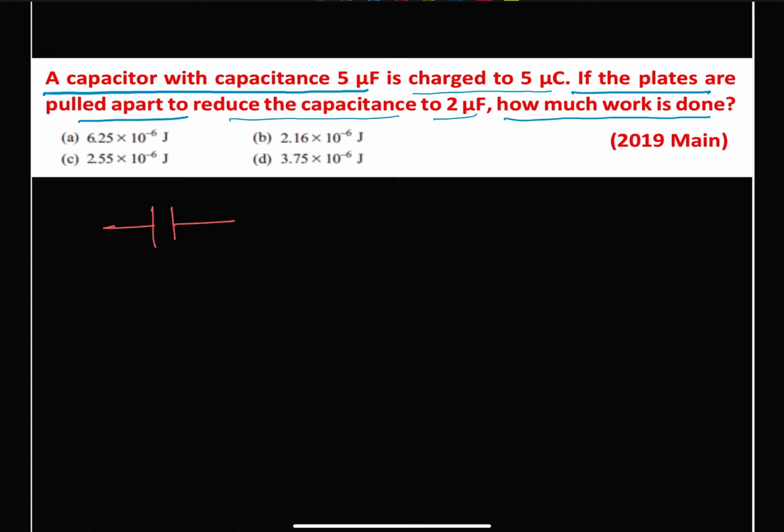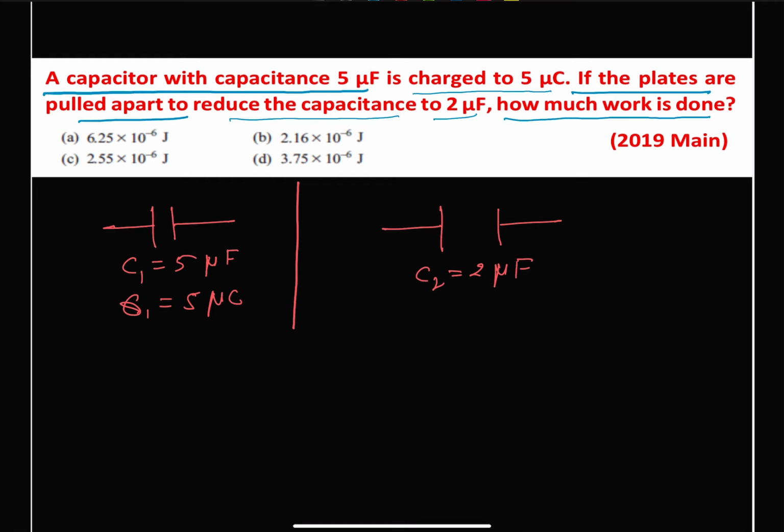So we have initial condition, capacitance is C1, which is given as 5 microfarad, and the charge is 5 microcoulomb, and finally it states that the plates are pulled apart. Let us suppose the plates are a little further apart, and it says that our C2 is 2 microfarad.